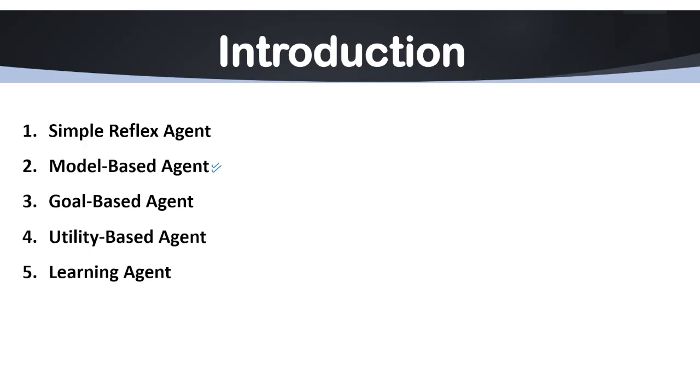Next we have model based agents. So basically it uses internal memory, that is the model, to remember past situations. Like we can handle partially observable environments where it cannot see everything at once.